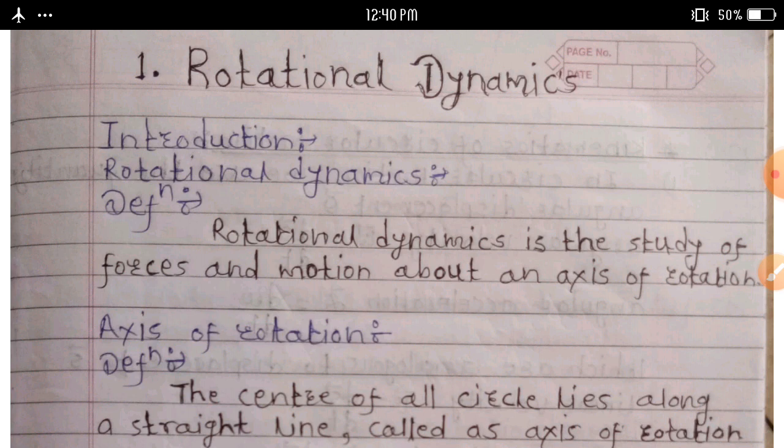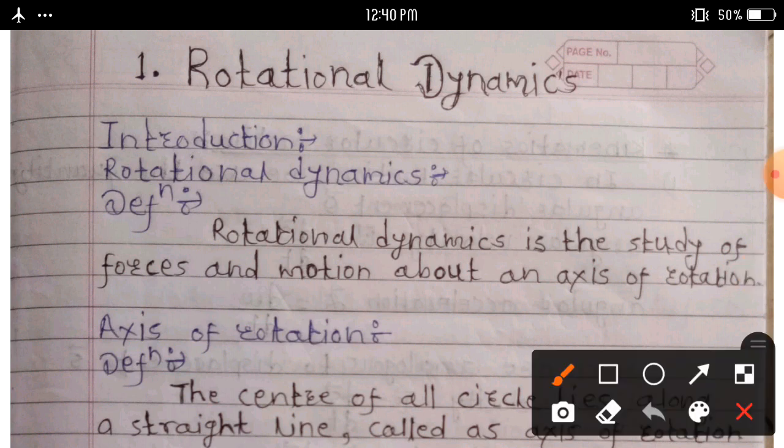In this chapter, we first discuss what we mean by rotational dynamics. Definition: rotational dynamics is the study of forces and the motion about an axis of rotation.